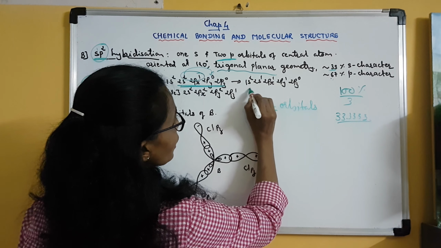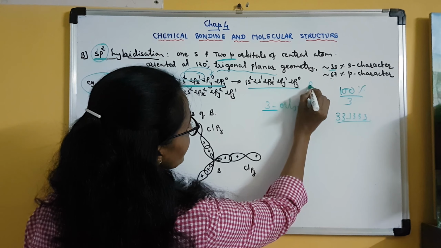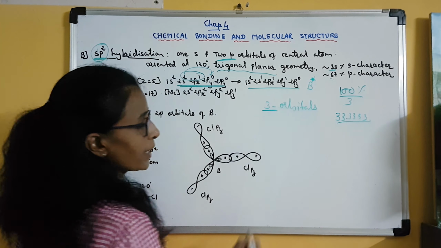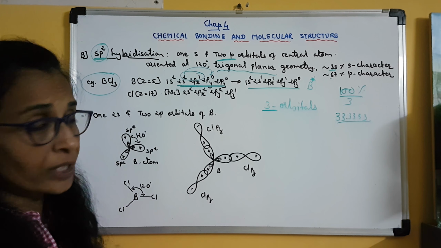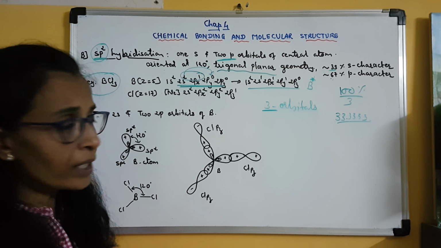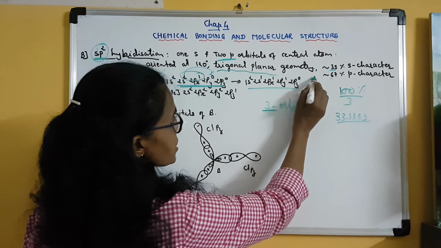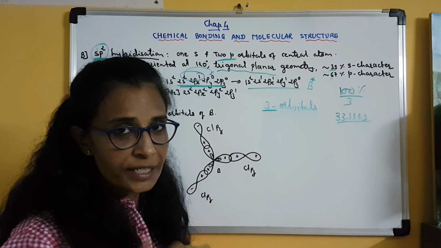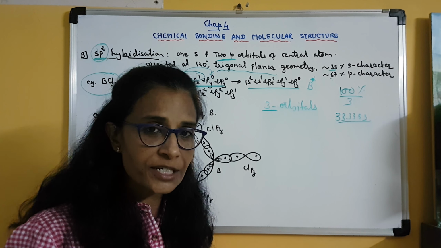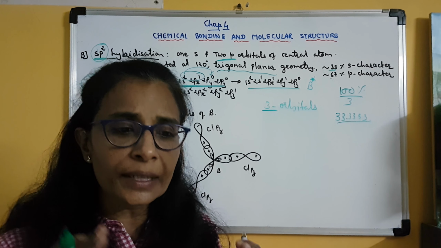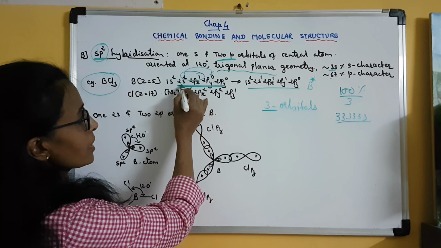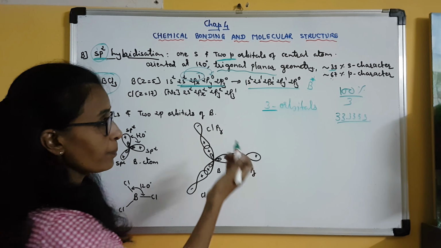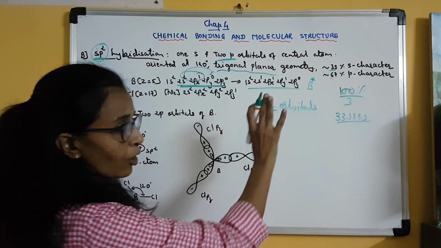So now the configuration of boron in the excited state, see, whenever an atom is in the excited state, it is always shown by putting an asterisk over the symbol of the atom. So here B star indicates that boron is in the excited state. Excited state means that the atom is given a little amount of energy so that it can promote one of its paired electrons to the vacant orbitals.